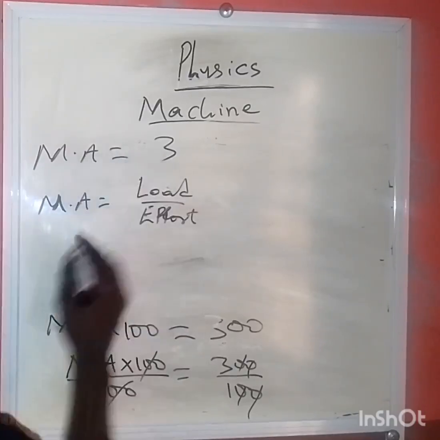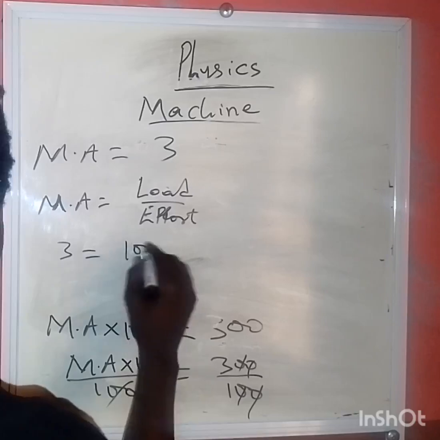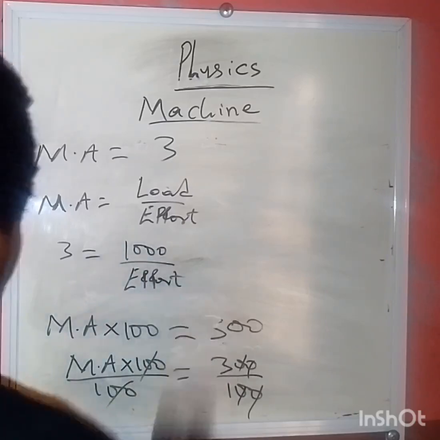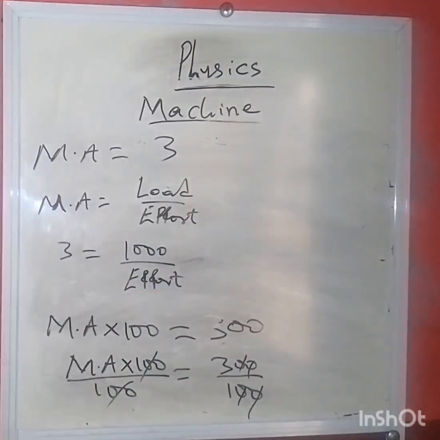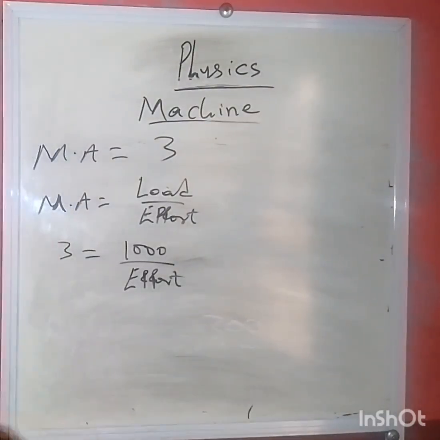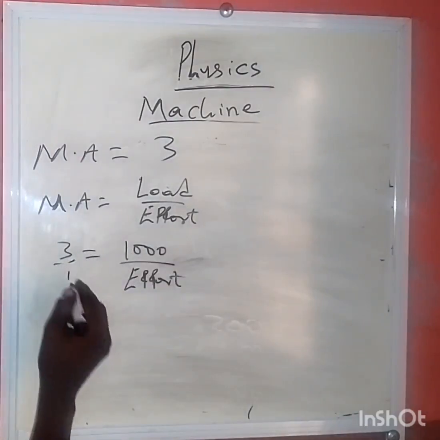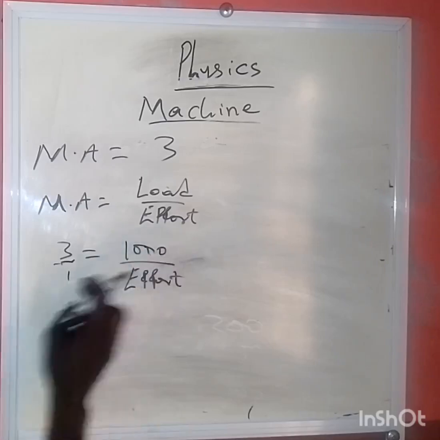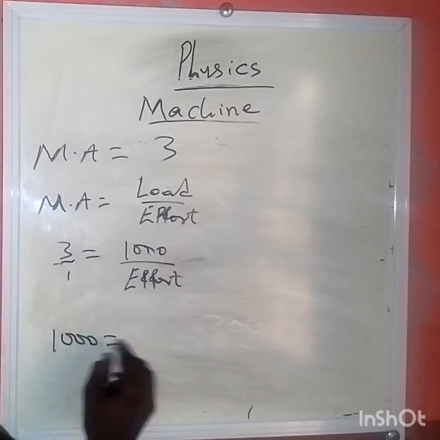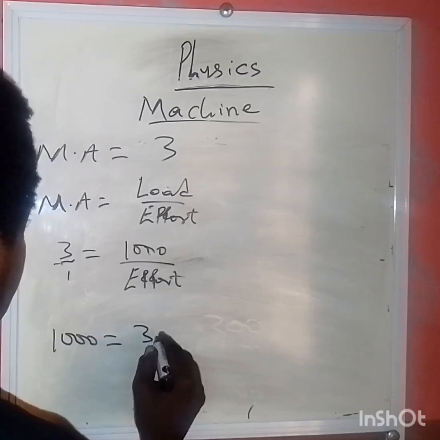You have mechanical advantage to be 3 is equal to load to be 1000 over the effort. So we make effort the subject of the formula. When we divide, we cross multiply. There's an imaginary 1 here. 1000 times 1, you have 1000. 3 times effort, you have 3 efforts.